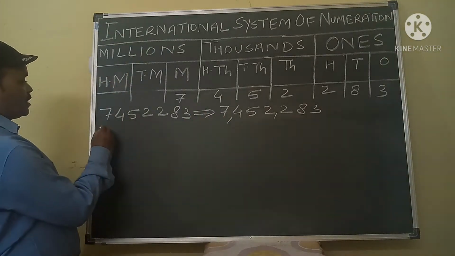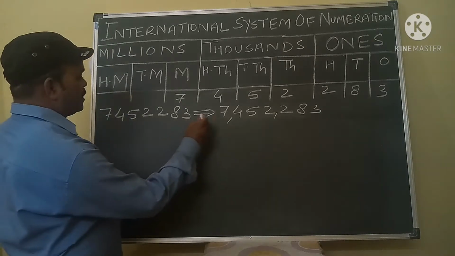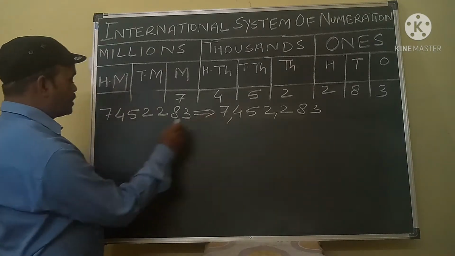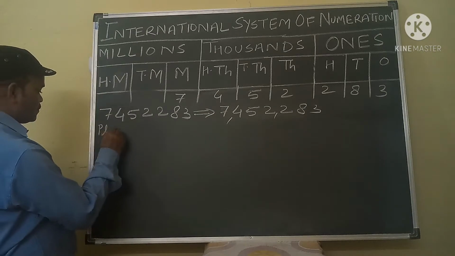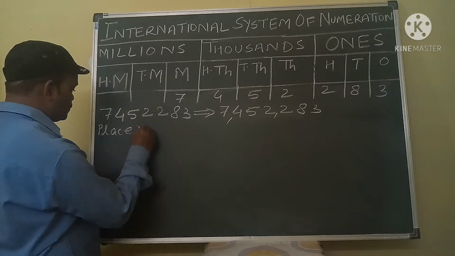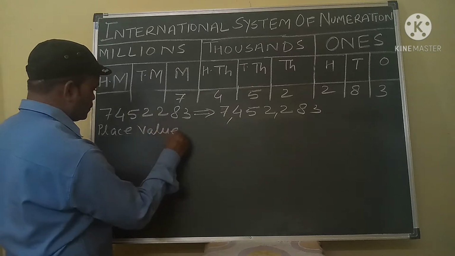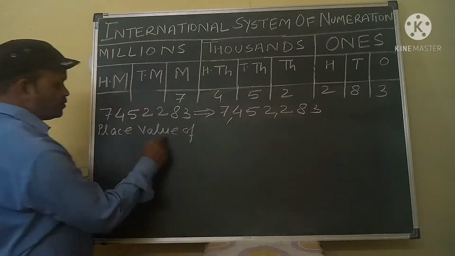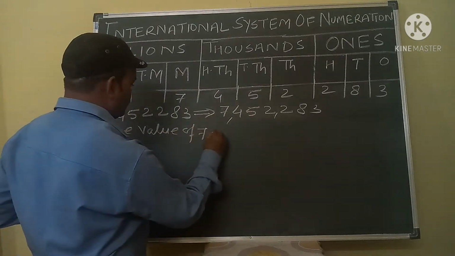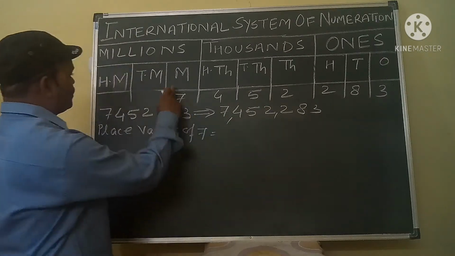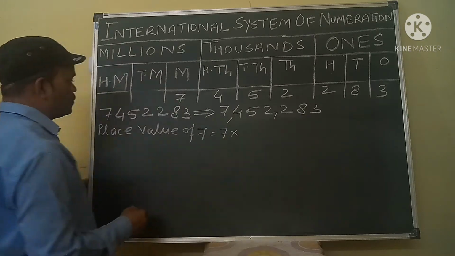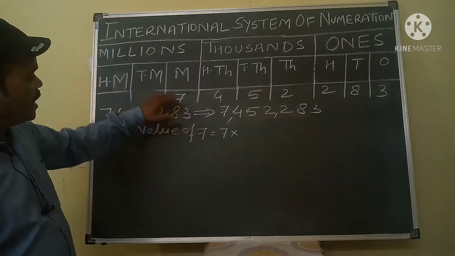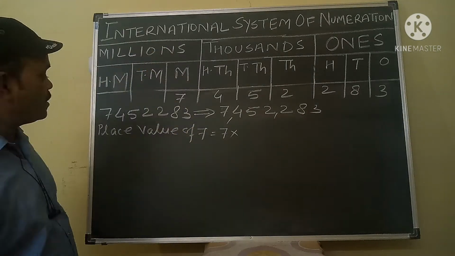So my dear students, first we will take out place value of 7. Now look here. Place value of 7 will be, 7 is in which place? Millions place. So 7 multiplied by 1 million. How?